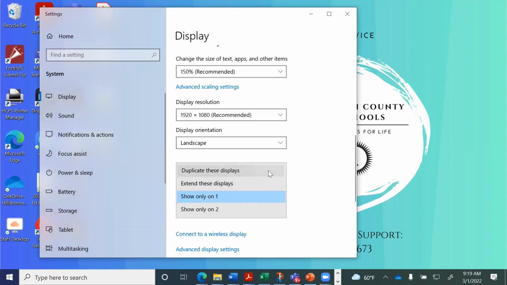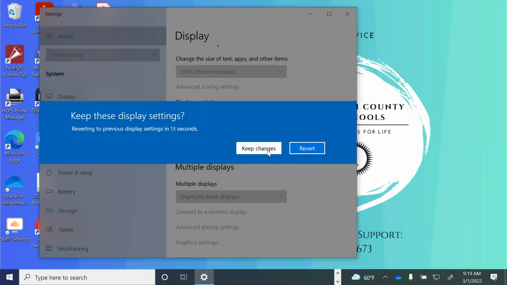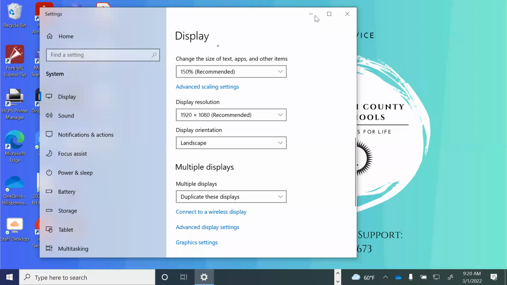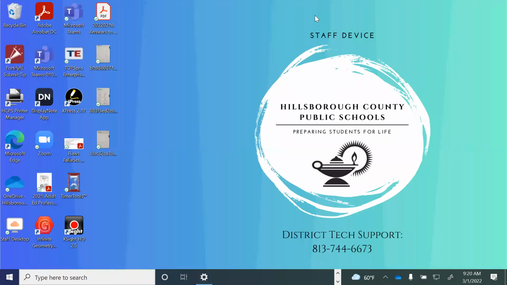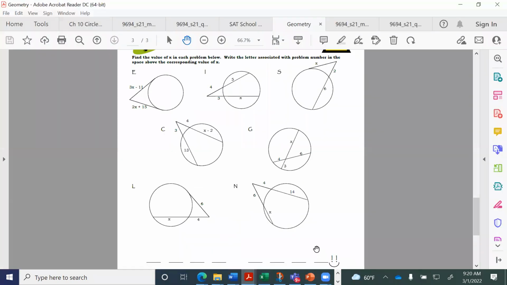Okay. All right. Let's go to... it's in here somewhere. This one.